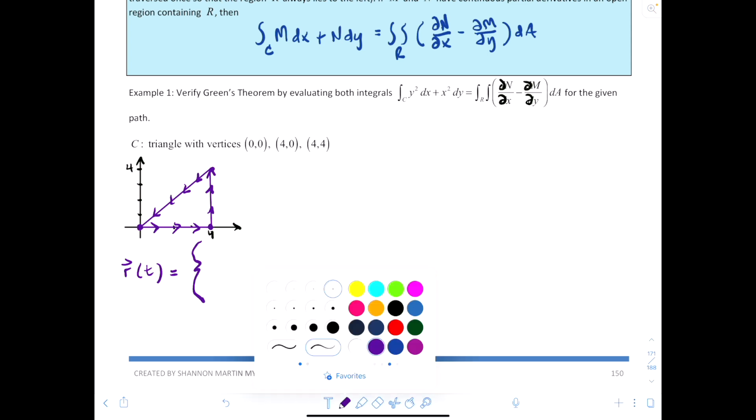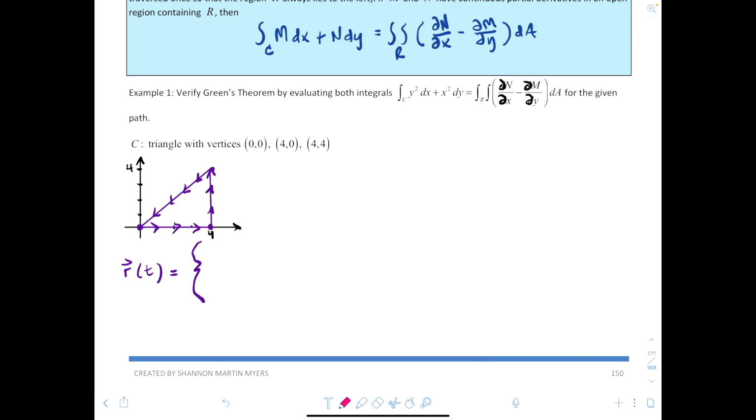And so you're going to get t times i for 0 less than or equal to t less than or equal to 4. So that's this piece right here. Groovy?